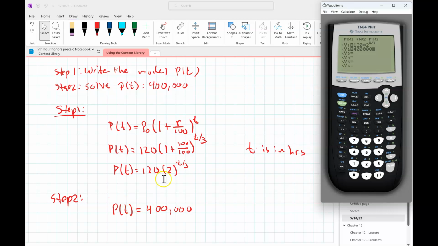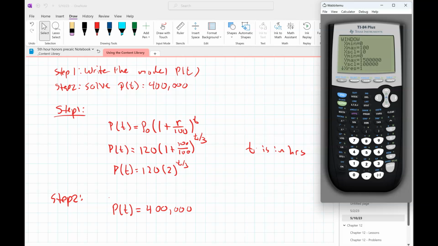So I just typed in the left-hand side of my equation, that's P of t, and the right-hand side of my equation, 400,000, is y1 and y2. I'm going to set a window. I know that x is representing time, so 0 would be a good minimum. I don't know how long this is going to take.